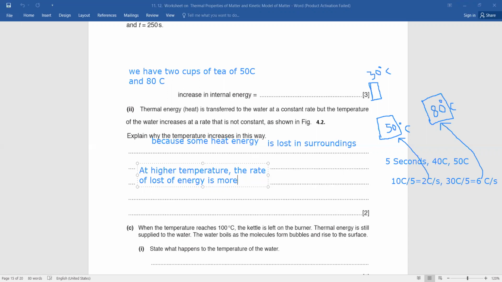The rate of losing energy. Losing energy, right? Rate of loss of energy, right?